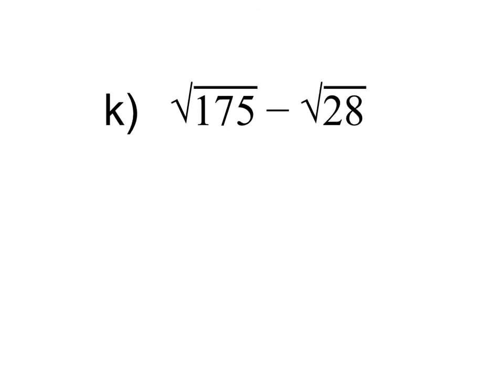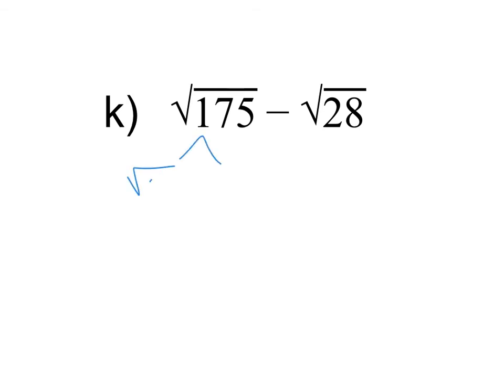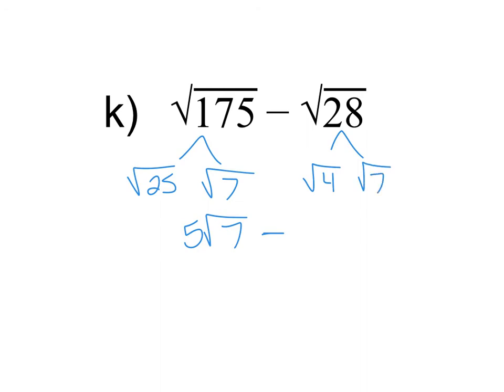So 175 breaks up into the square root of 25 times the square root of 7. So this becomes 5 square roots of 7, and I'm going to drop that minus sign straight down. Okay, square root of 28 would be like square root of 4 times the square root of 7.